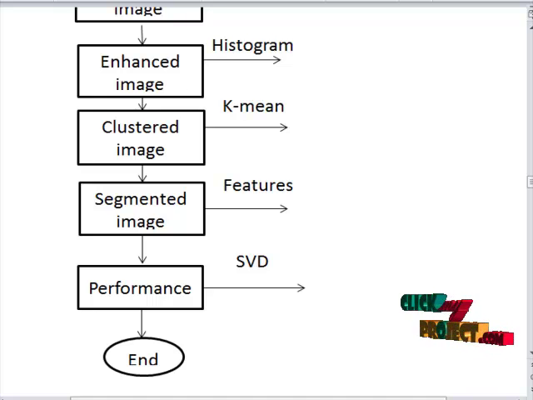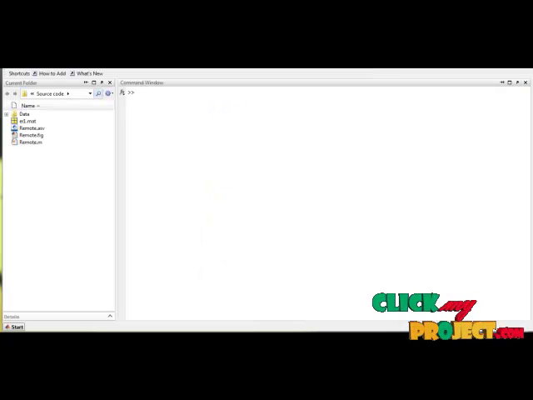Let us discuss the running procedure for the process called remote sensing image segmentation by combining spectral and texture features. In this process, the main code is in remote.m. Now I am going to run this file.